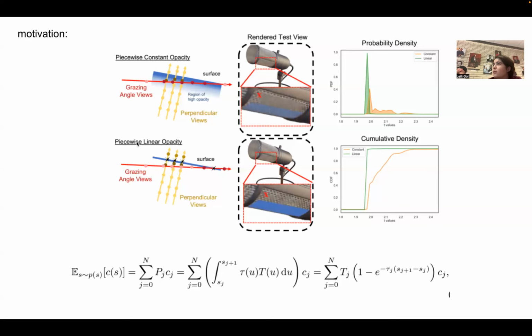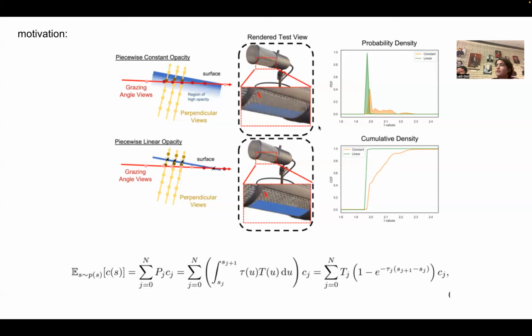Now, this paper is saying that instead of using a piecewise constant assumption between each two samples on the ray, we can use a piecewise linear assumption, and the integral will also be easily computable analytically. Because it's a higher degree approximation of the function, it's not going to have that much of the artifact for the surface anymore. If you look at the rendered results between these two, it's really good. You can really see the difference on thin surfaces or less opaque surfaces that we'll see in the results later.